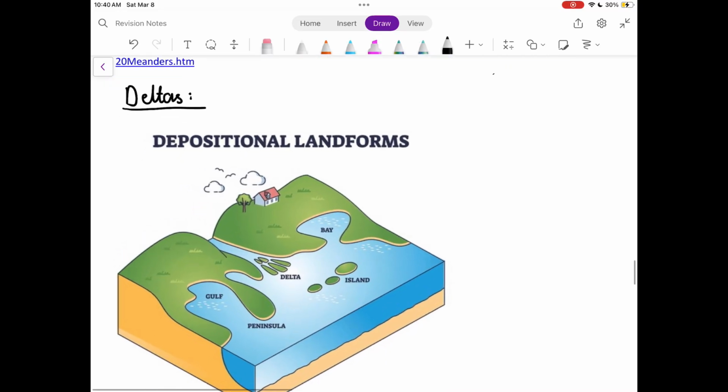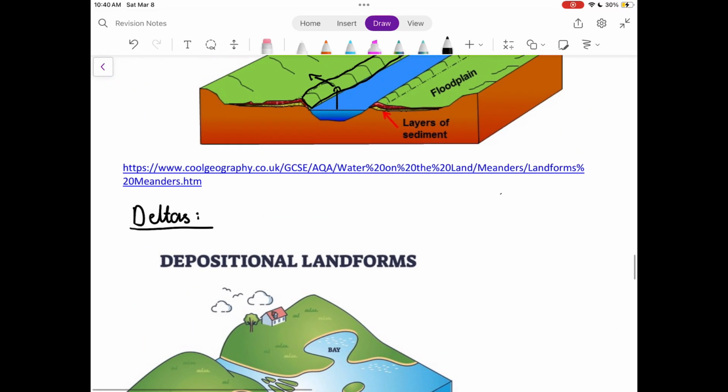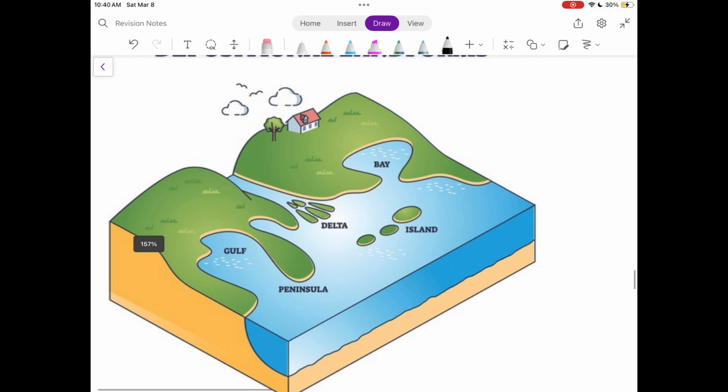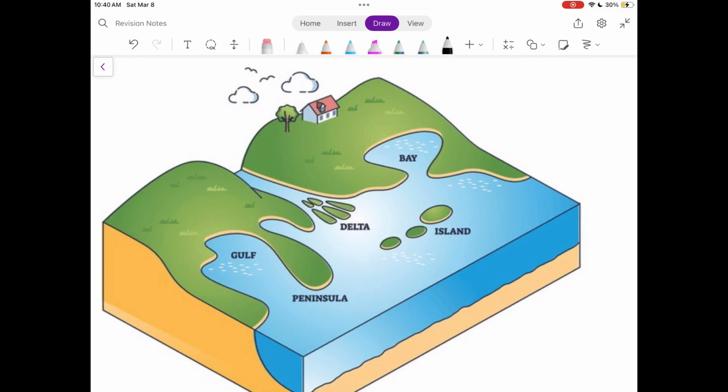And the next thing you need to know is how deltas form, and these usually occur in the lower course. As the water approaches the mouth of the river, it starts to lose its velocity. As a result, it starts to deposit sediment at the mouth of the river, which can be seen here.